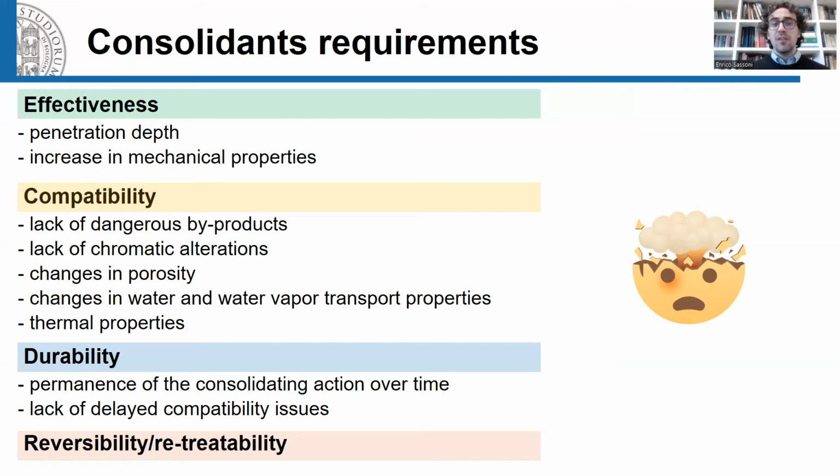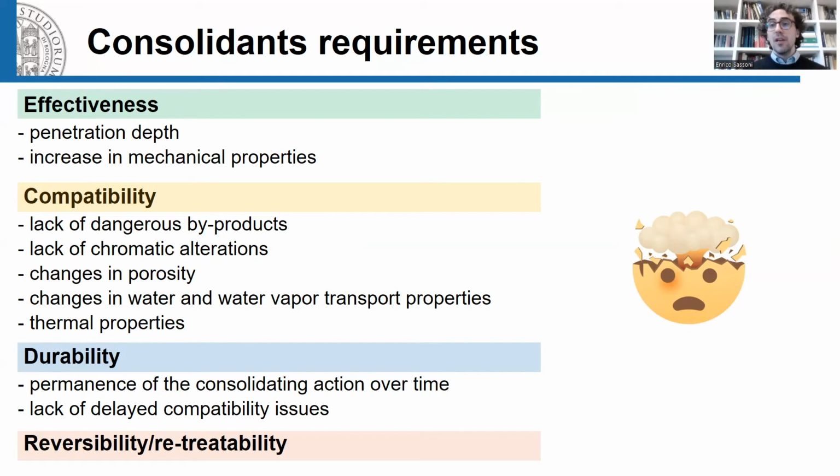So in addition to being effective and compatible, consolidation treatments also need to be durable, so the consolidant itself should be stable, not dissolve, for instance, in water or rise in damp, and again, it shouldn't give rise to delayed incompatibility.